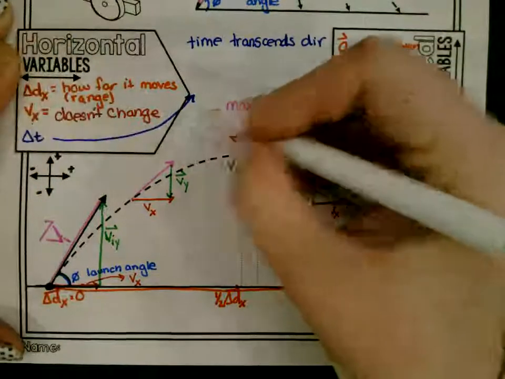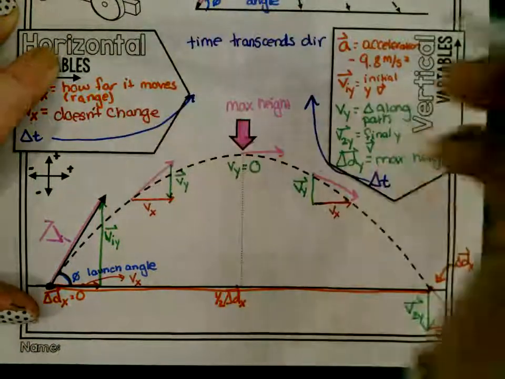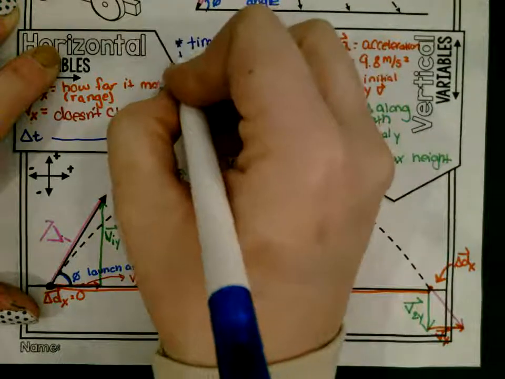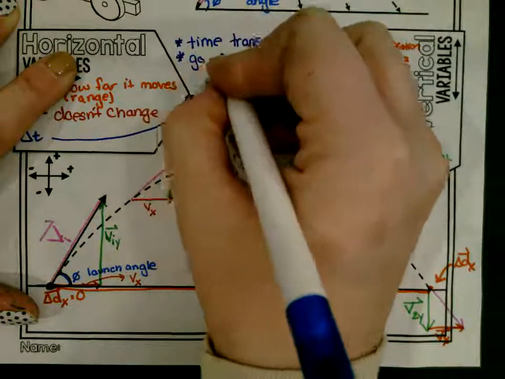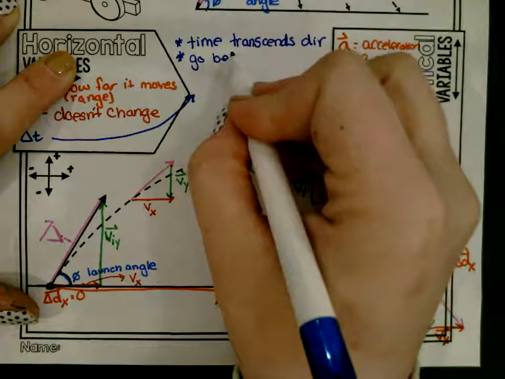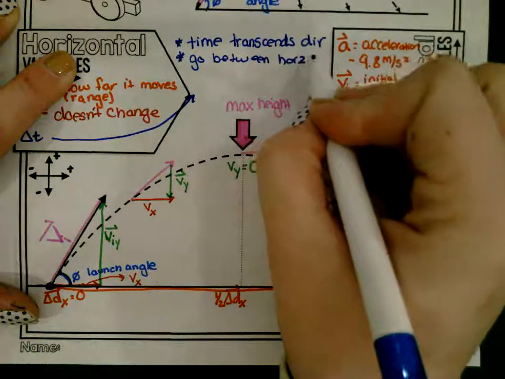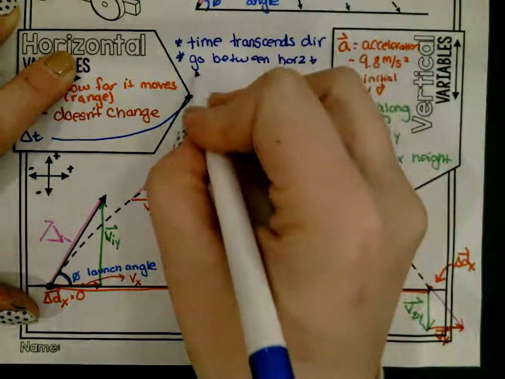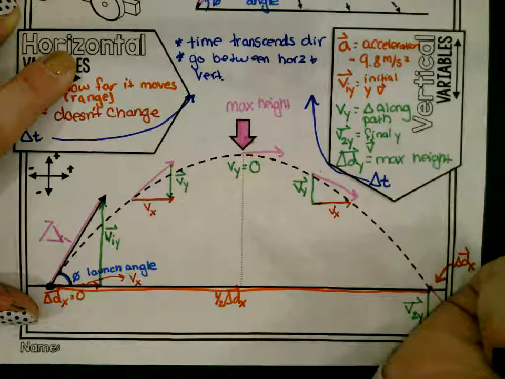And we can actually use time as our variable to link horizontal and vertical. So time helps us go between horizontal and vertical variables because it can transcend them.